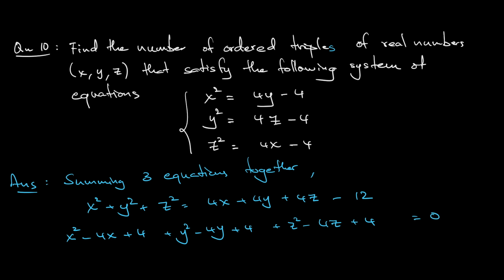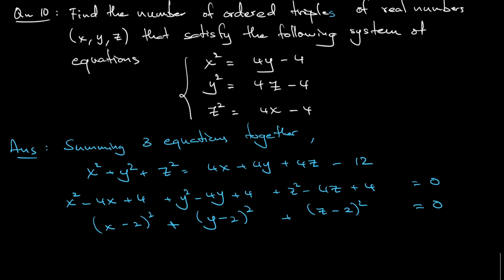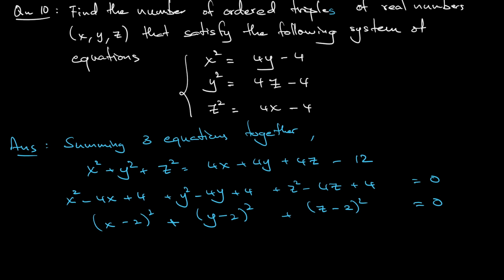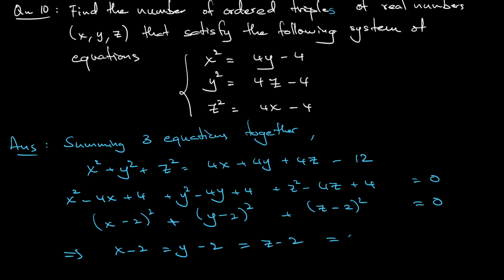Reason being of doing this, now x squared minus 4x plus 4 is x minus 2 squared. We can write the same thing, y minus 2 squared and z minus 2 squared is equal to 0. So the sum of three squares is equal to 0. Each of these is non-negative, right? It's greater than or equal to 0. But the sum of all of these added together is equal to 0. So why would it be possible? It's only possible when each of these is equal to 0, right?